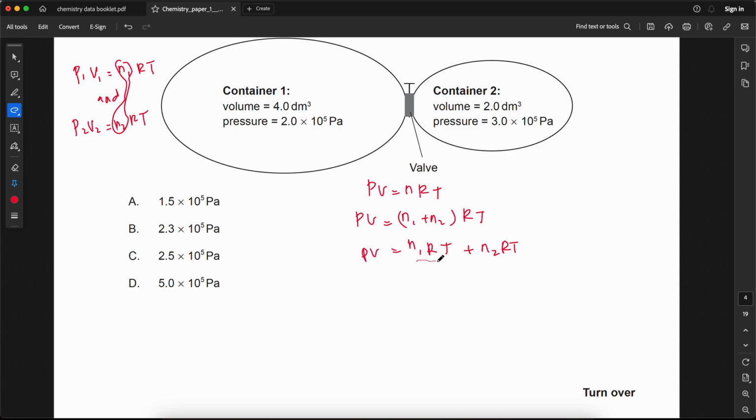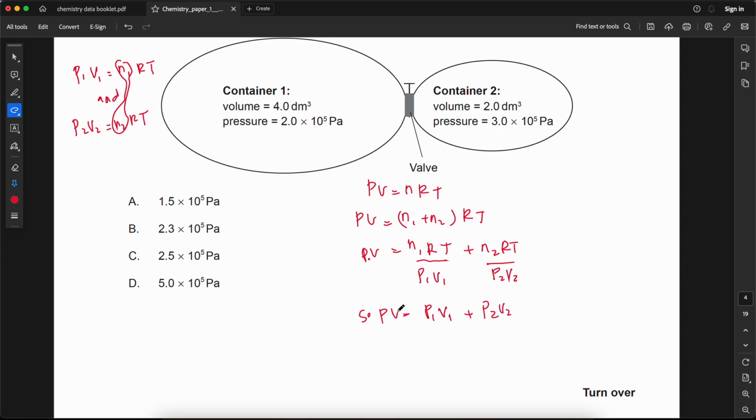So PV equals N1 RT plus N2 RT, so we can say P1 V1 plus P2 V2. So PV equals P1 V1 plus P2 V2.